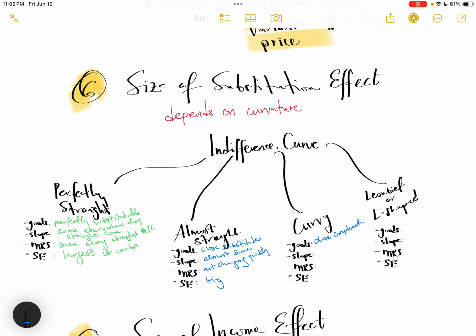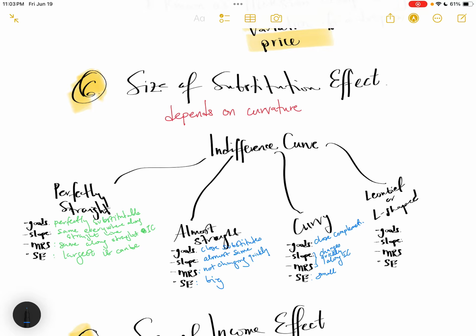The marginal rate of substitution, which is the slope of that indifference curve, changes quickly along the indifference curve, and the substitution effect is small. Yeah, the substitution effect of close complements will be small.